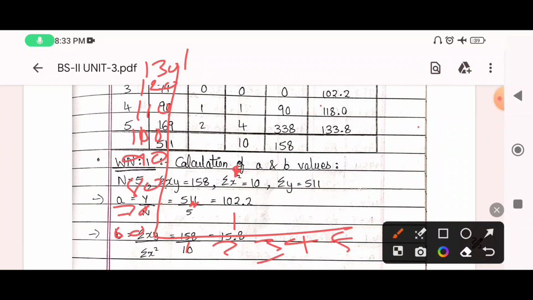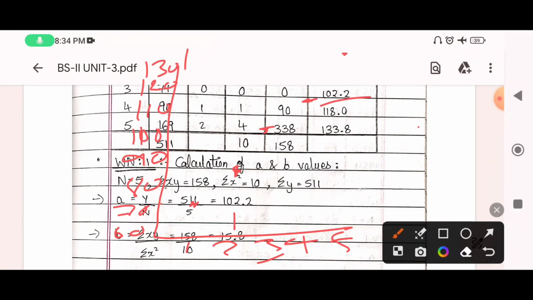Third year we have 102.2, so just after 100 you take a point. Fourth year, value 118, just below 120. And for the fifth year it is 133.8, so take a point at 133.